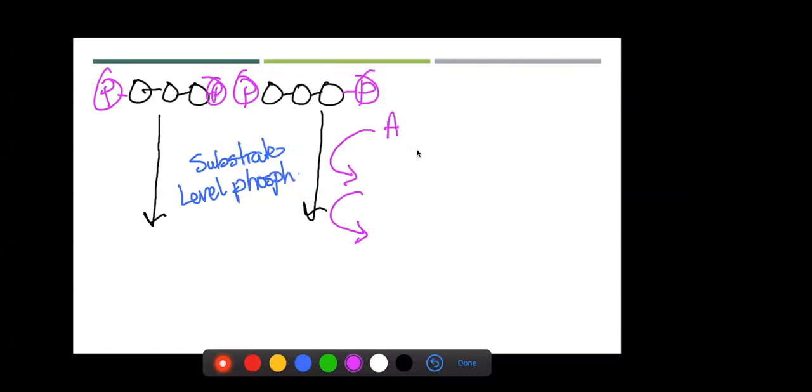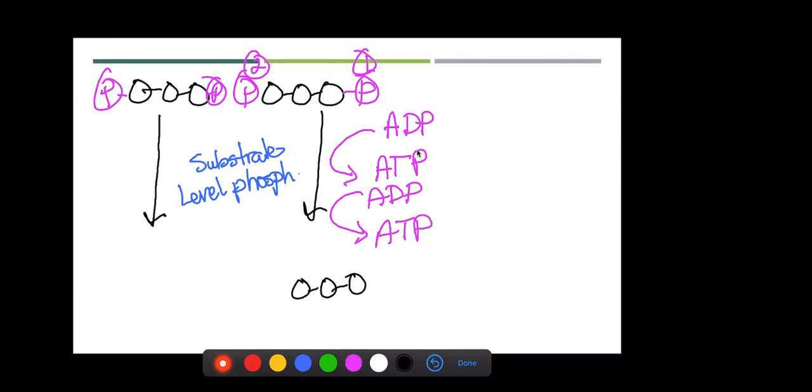We're going to take our ADP and pull a phosphate group off. And notice how we have 1, 2 phosphates. And so I'm going to make 2 ATPs here. And then I'm going to end up with just this pyruvate.